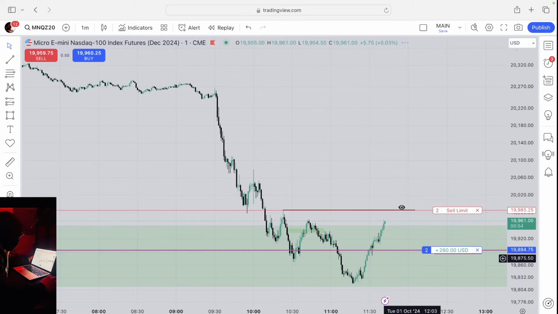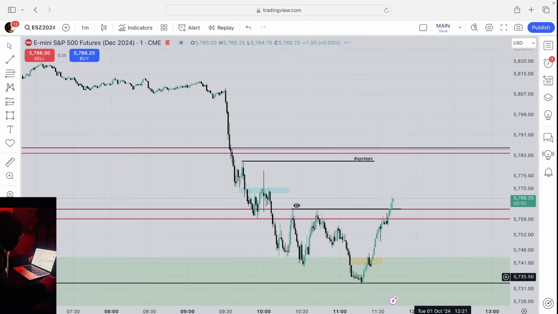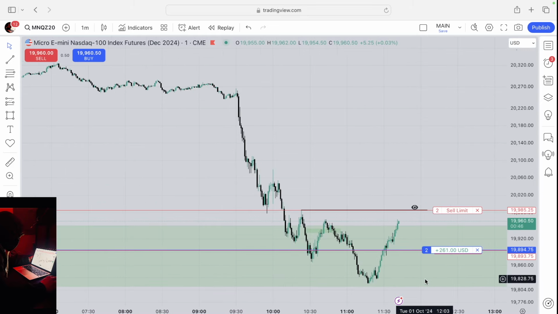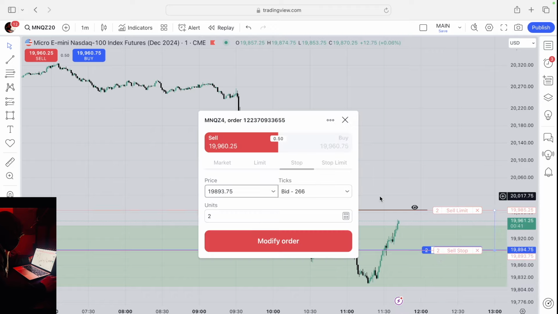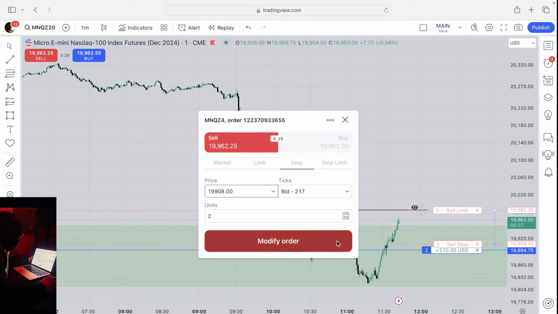I really have to keep watching what ES does here because I don't want to see a certain thing take place above the high, which so far looks good. And if I can toggle my stop, there we go. Stop loss gets trailed above, so the costs are now cut.